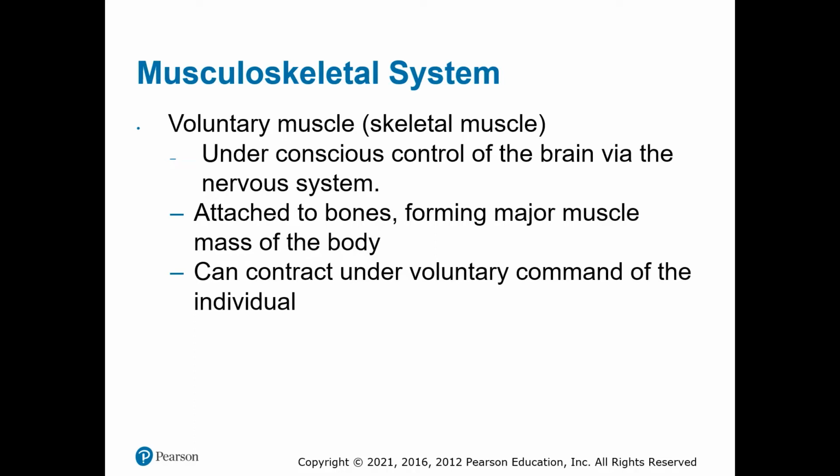We just do those things, like moving your hands when you talk. It's sometimes unconscious. They are attached to bones, and they form major muscle mass of the body. They can contract under voluntary command of the individual.